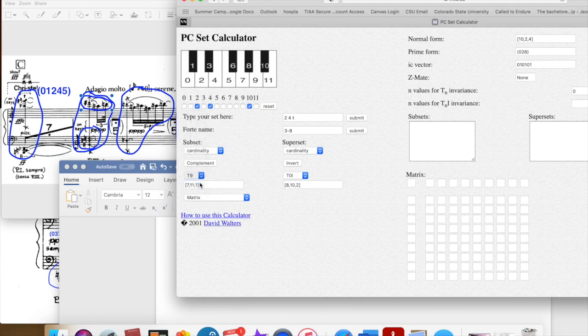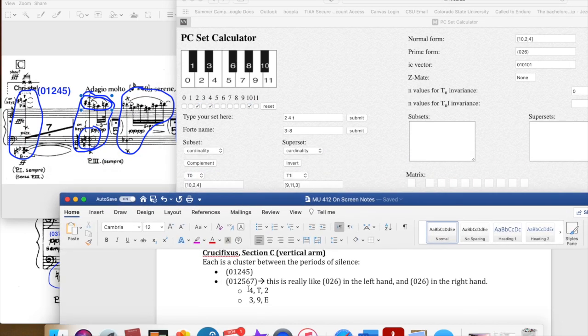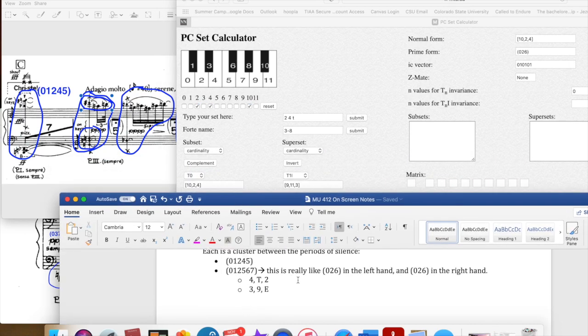In which case, instead of being related by transposition, let's look and see in what way they are related by inversion. Oh, and there we go right away. T1I, meaning these are related by, if you invert and then transpose it, you should end up with 3, 9, 11. So let's try it actually. We already know the normal form from the set theory calculator is 10, 2, 4.